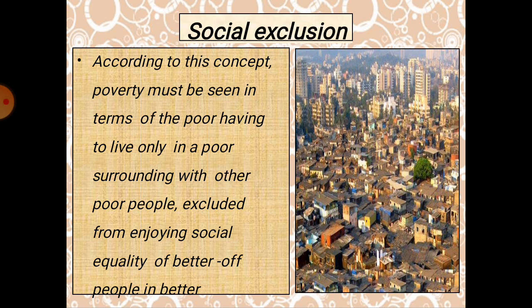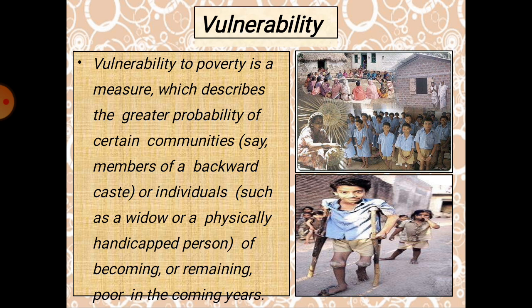They are not supposed to settle in the village area or participate in village functions. They are totally excluded. So social exclusion can cause damage also. Having a very low income, these people are trying to live their own life, so why should they be excluded from society? If they are included, the income of the nation will increase, and the income of the individual will also increase. So this is social exclusion.